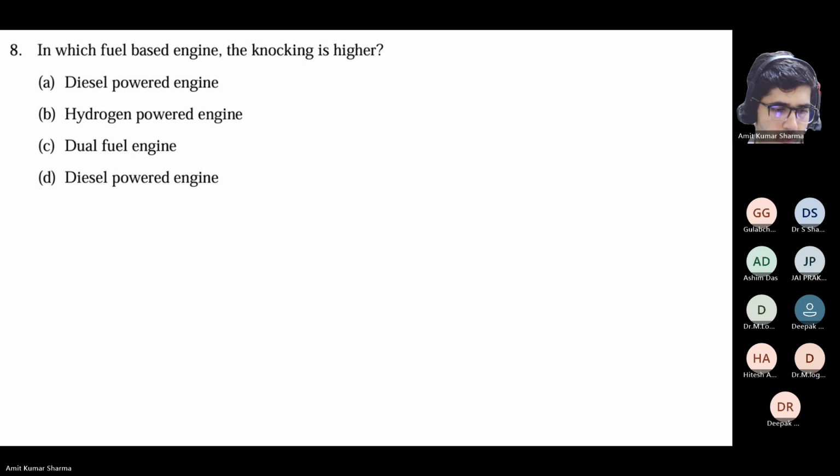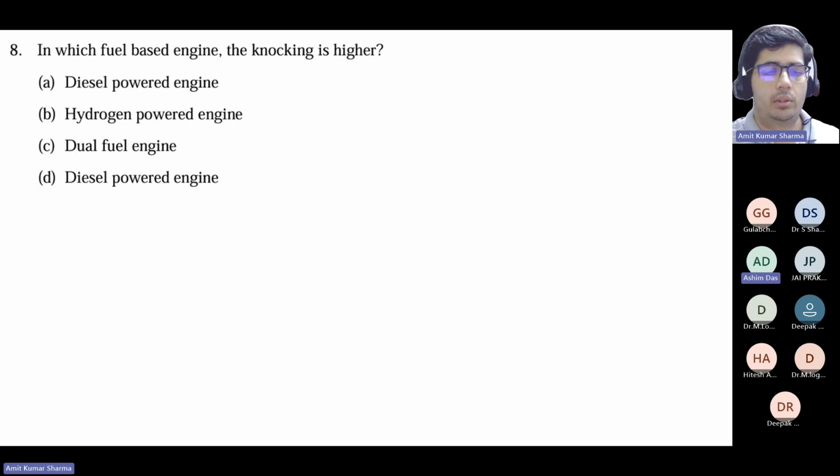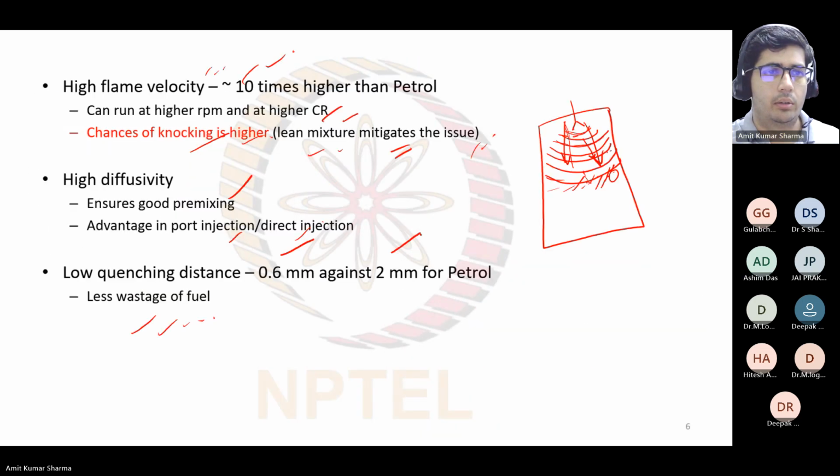High flammability, yes, and also the flame velocity. We just covered it, no? The flame velocity is 10 times higher than petrol. So due to this, the last front will ignite very quickly.